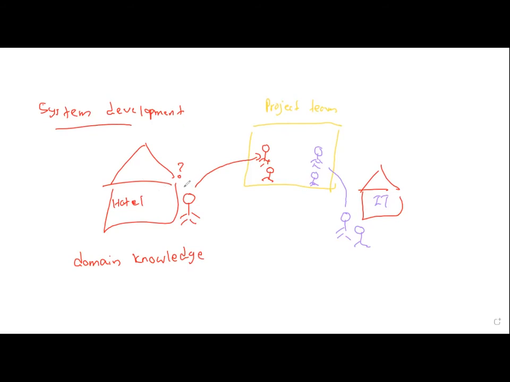So those things are in your hotel's operation. The thing is, IT organization, they have not worked in hotels, so they don't know what kind of things are done within your organization. So that's why the hotel, right, from hotel side, assigns a few people to this project team, right?